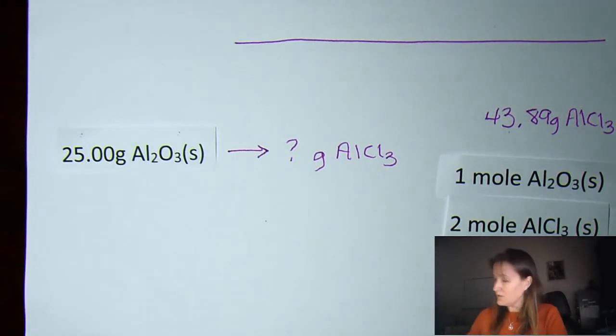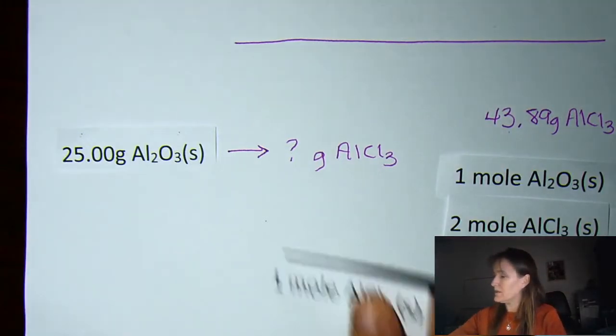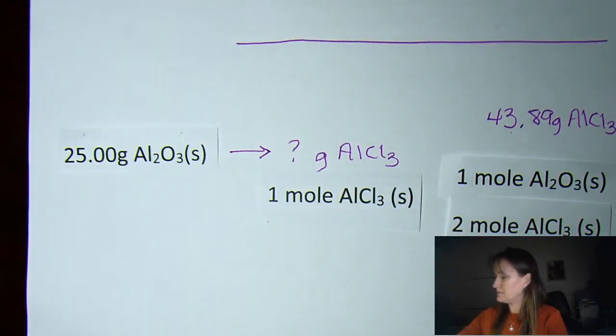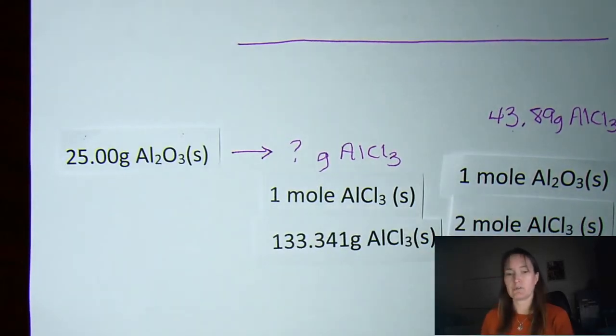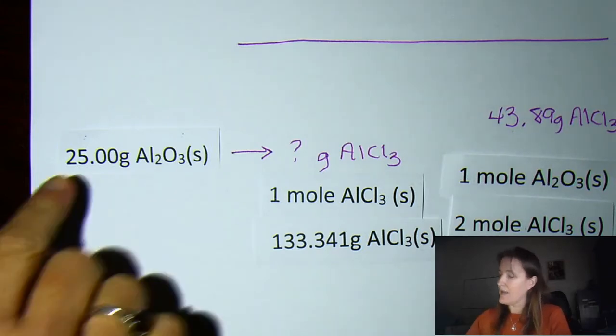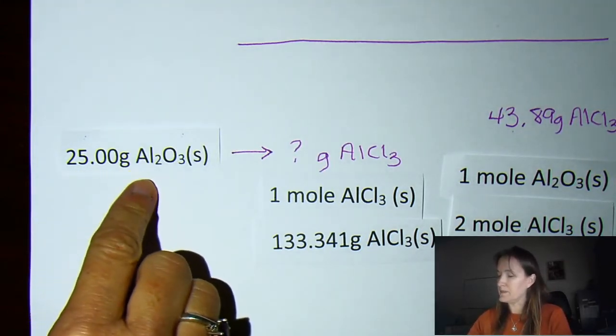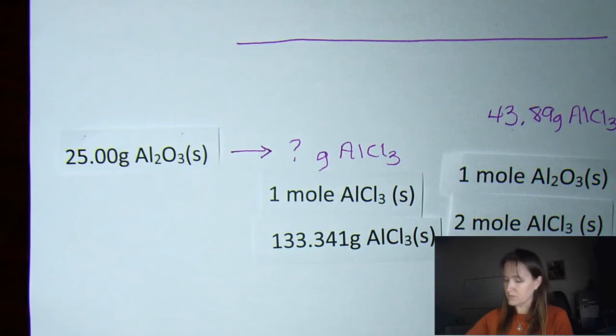We need the molar mass of aluminum chloride again. So the molar mass, 1 mole of aluminum chloride has a mass of 133.341 grams. And because aluminum oxide is in grams, we need its molar mass.